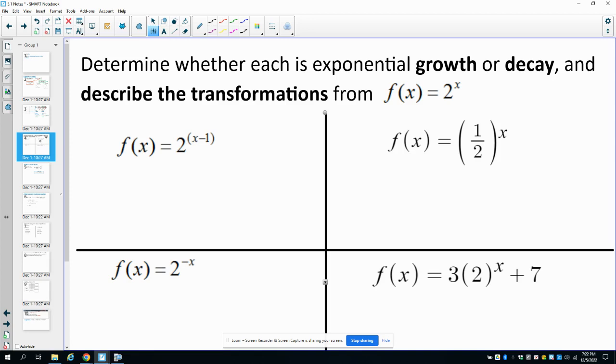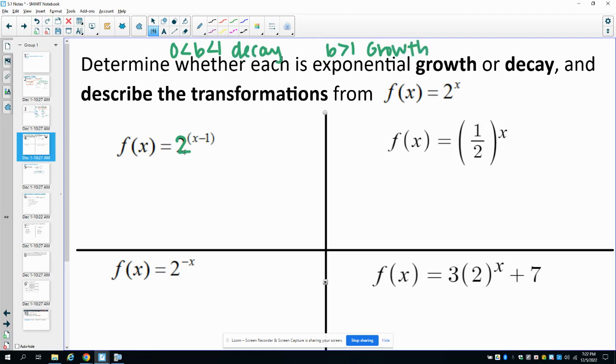Then we want to determine whether each exponential function is growth or decay, and then describe the transformations. So this is going to have to do with the base here. So remember, if this base is between 0 and 1, then it's going to be decay. And if it is greater than 1, it's going to be growth.